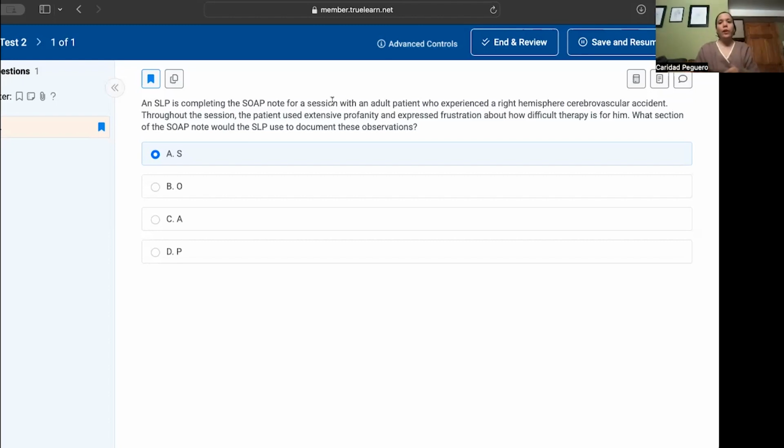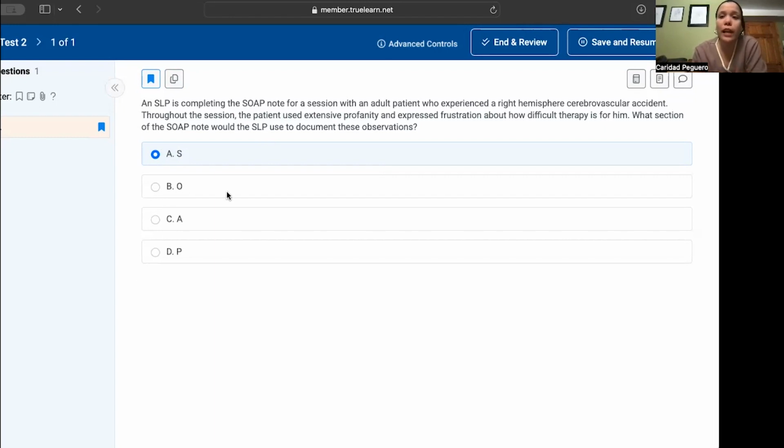So going back to when we're taught what the SOAP note stands for and typically what we write in each section, we know that the subjective, the S in SOAP, stands for how the patient is feeling. So typically you would write, oh, patient came in today, was feeling upset about this given situation. B is the objective.